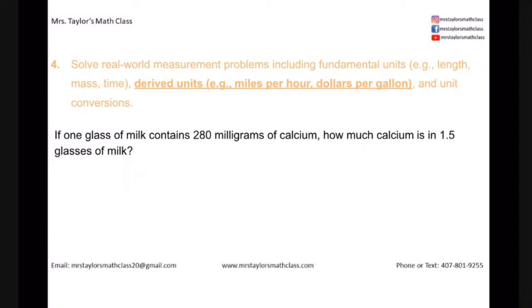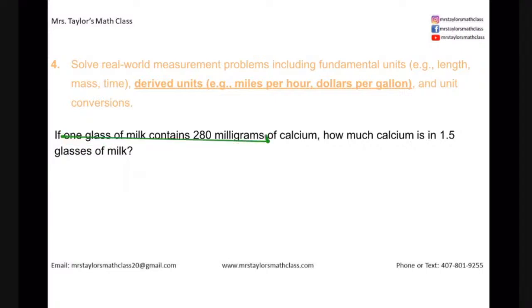Okay, so it says 1 glass of milk contains 280 milligrams of calcium. How much calcium is in 1.5 glasses of milk? Okay, so here's your first ratio.